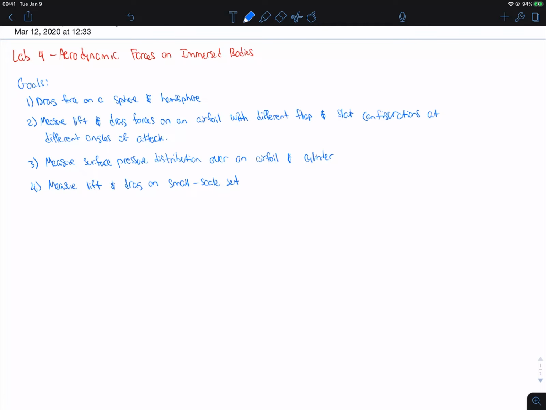Next one, we want to measure the lift and the drag force on an airfoil with different slat and, that should say, flap configurations. And then we want to do that at different angles of attack. And we want to look at the surface pressure distribution over an airfoil and a cylinder. And then we're going to measure the lift and drag on a small scale fighter jet plane.